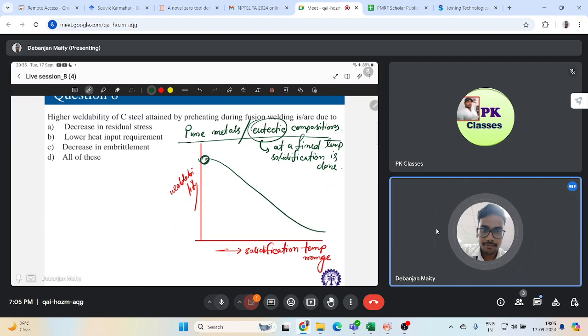So, this point will be dictating pure metal or eutectic, and this will be dictating alloys other than eutectic.